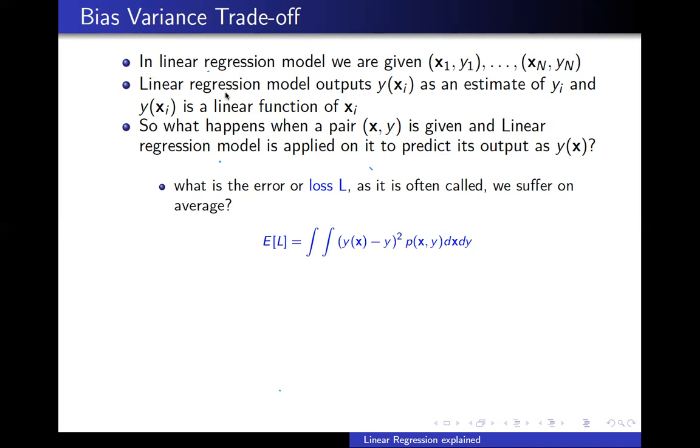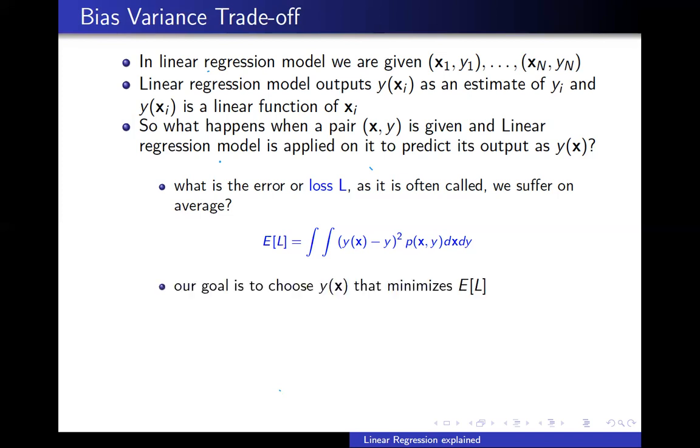In this equation, y of x is your prediction for any given data point x, y is the true level, and p of x, y is the joint distribution of the covariates, features, and the output. So if you sample the data point according to this probability distribution, predict for the data point x's level, and compute this squared difference, what is the expected error? That is what we'll be interested in.